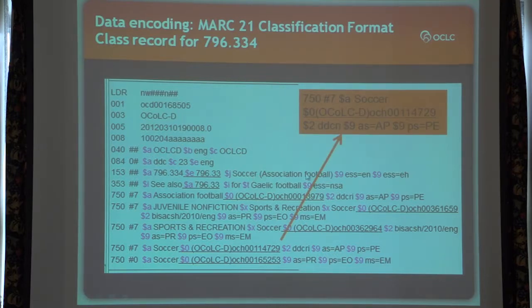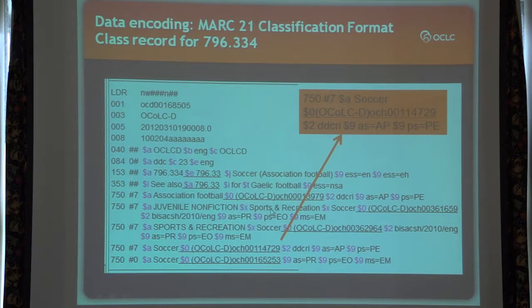Now, down here are various index terms, map vocabulary, and vocabulary from our relative index. And they're all displayed in this record. And each one, here's an example of the entry for soccer in our own relative index. You can see that in subfield 2, the source is DDCRI.